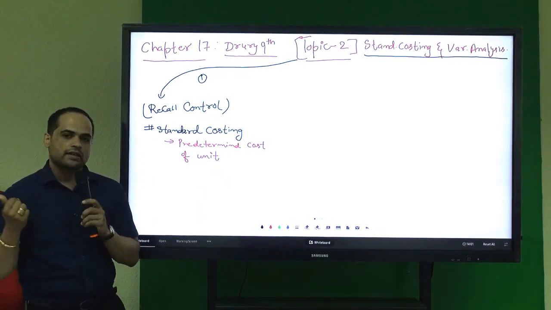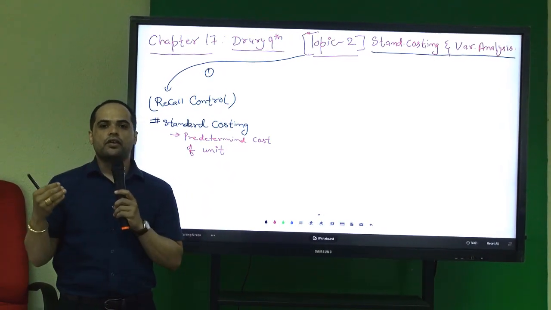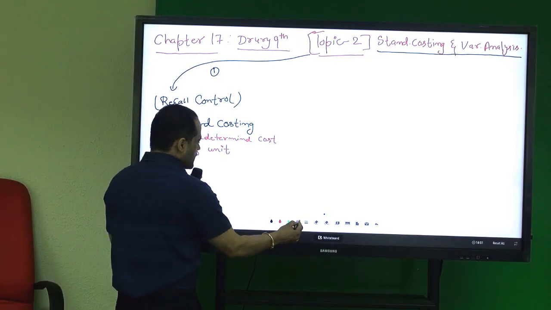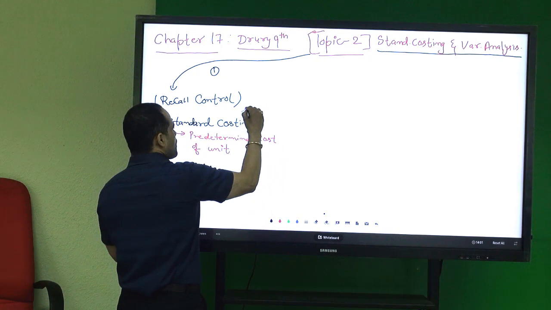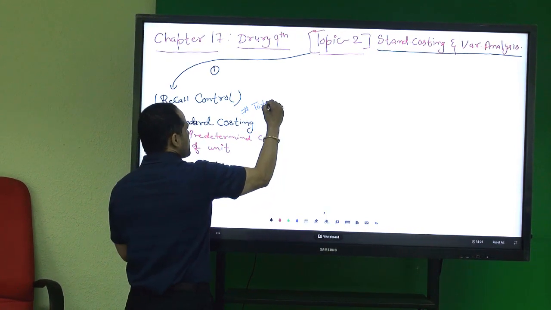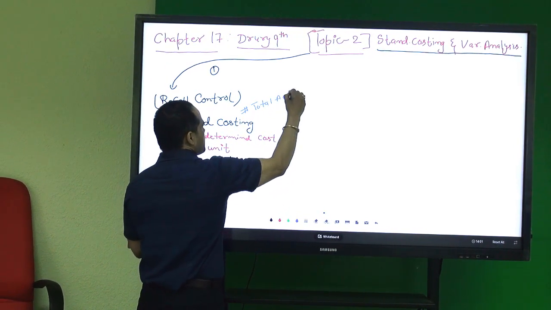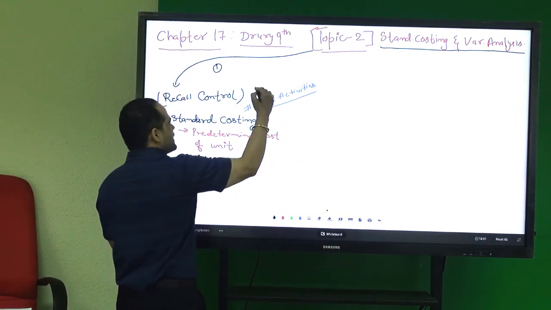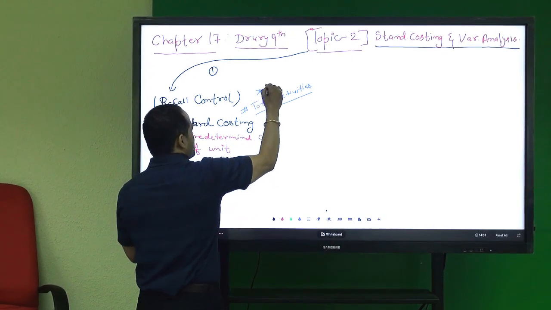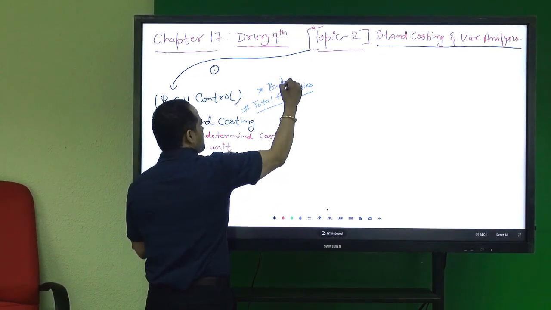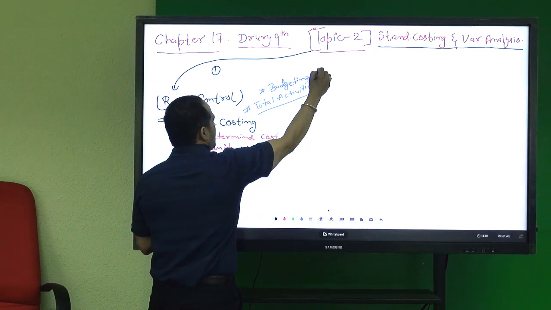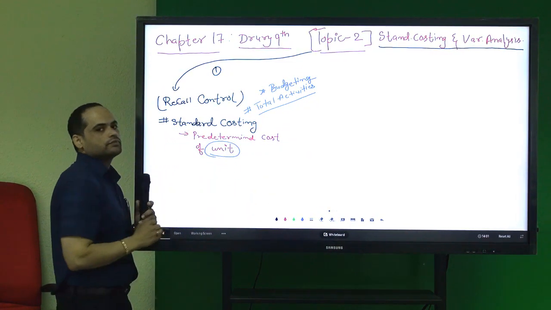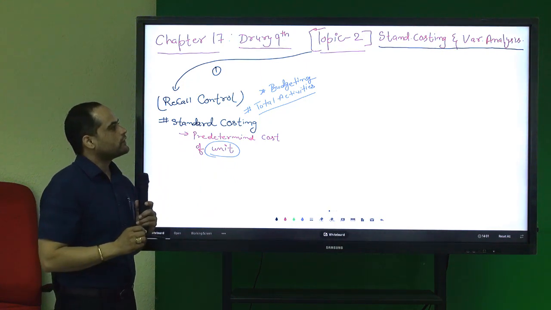Keeping in mind that standard is different from budgets. What's the difference? A budget is planned for total activities. A standard is planned for a single unit.